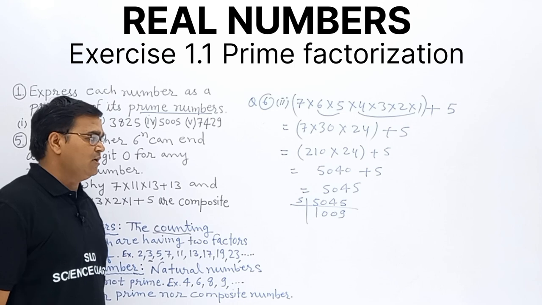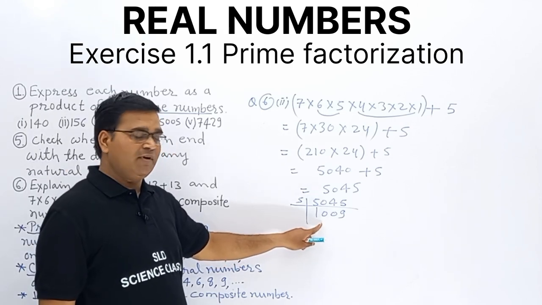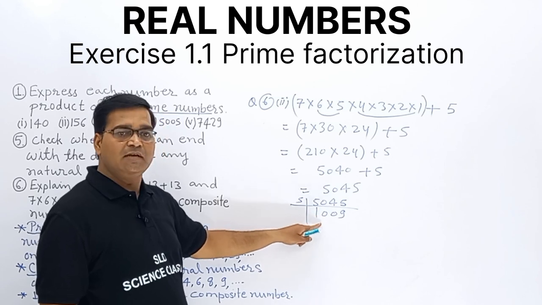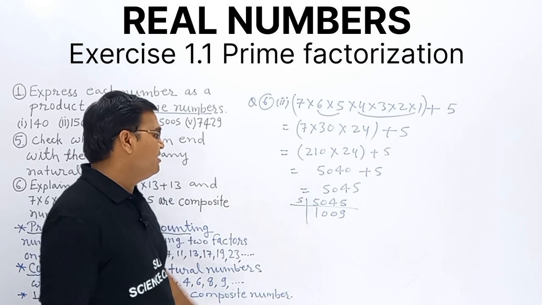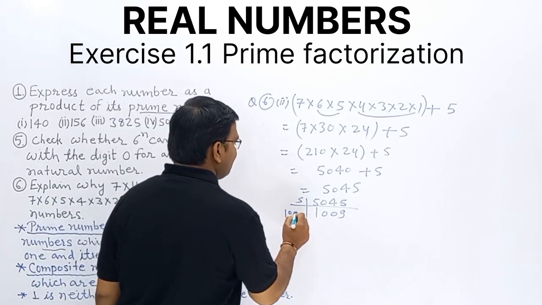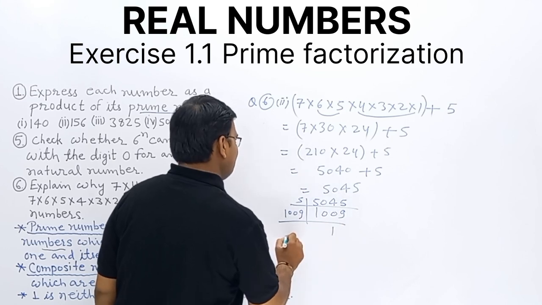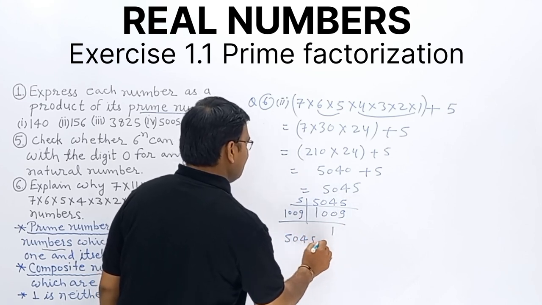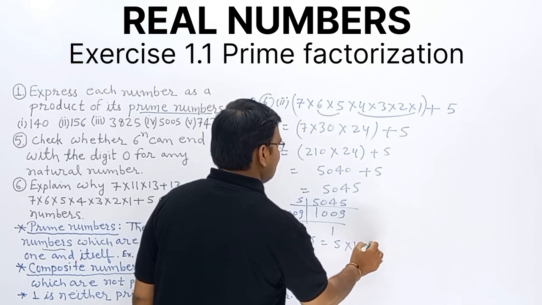Now this number, 1009, is not divisible by 2, 3, 5, 7, 11, 13, 17, 19, 23 and so on, but it is a prime number and it is divisible only by itself and 1. So we can say 5045 has more than 2 factors: 5 into 1009 into 1.